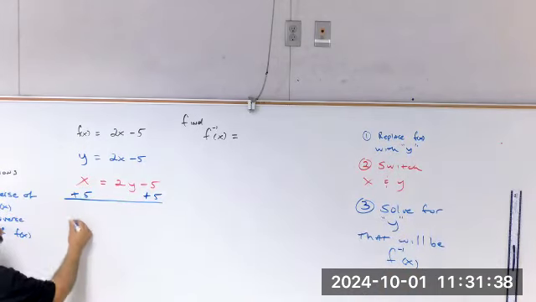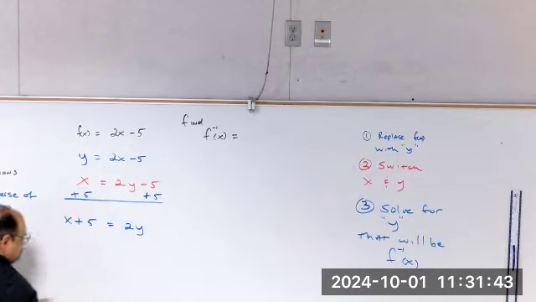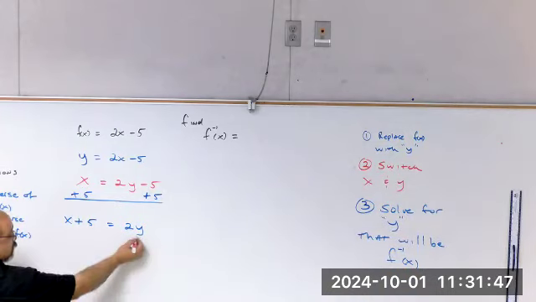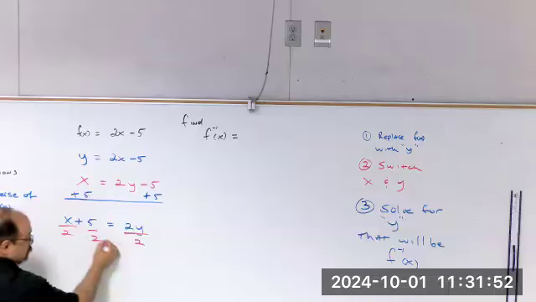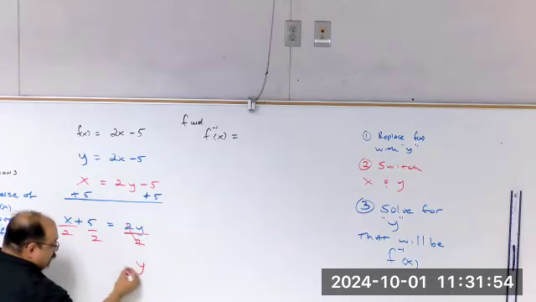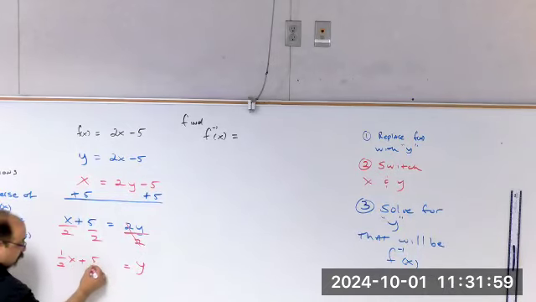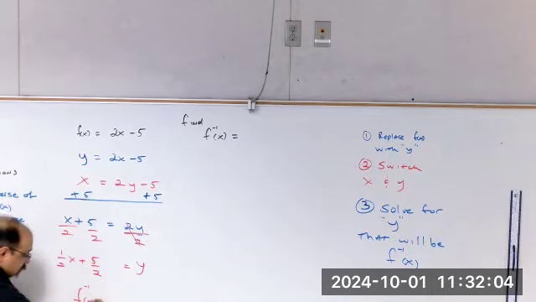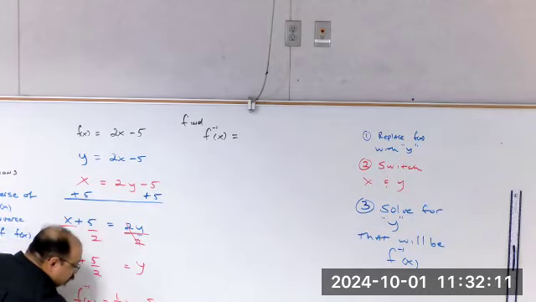I get x plus 5 is equal to 2 times y. And then I divide. I can either divide both sides by 2, or I'm going to stick with divide each one by 2. So I have y equals 1/2 x plus 5 over 2. So my inverse function to this is 1/2 x plus 5 over 2.